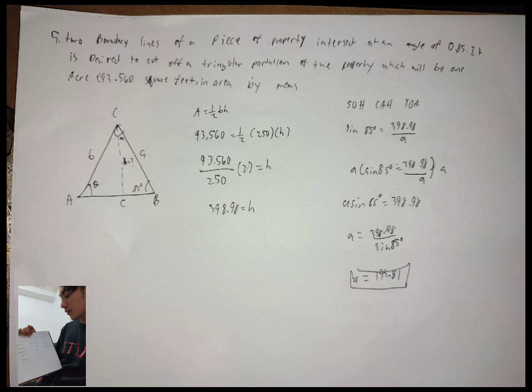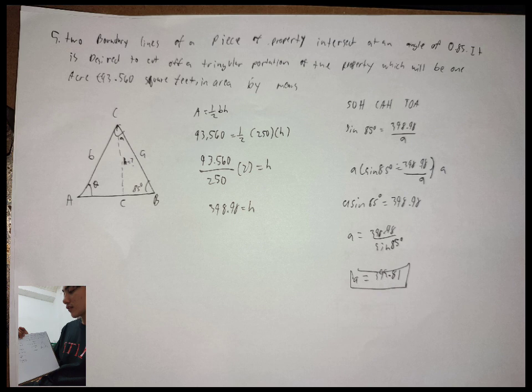So 43,560 over 250 multiplied by 2 equals height. So height equals 348.48.